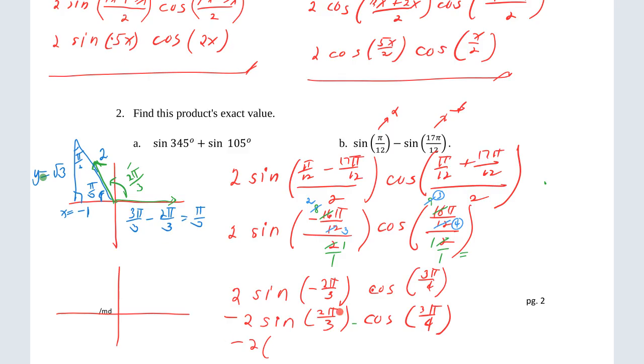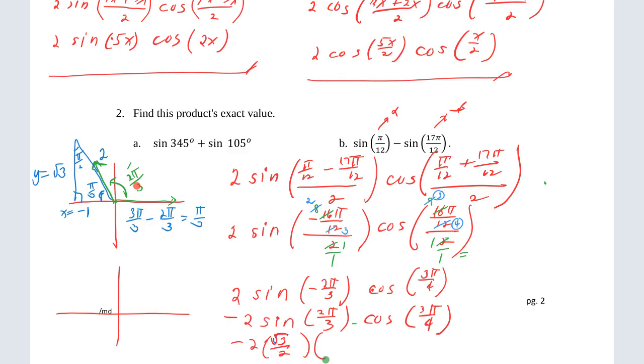Now I'll go back to sine 2 pi over 3 through its reference angle, which is pi over 3 in this case. So opposite over the hypotenuse, that's going to be radical 3 over 2.